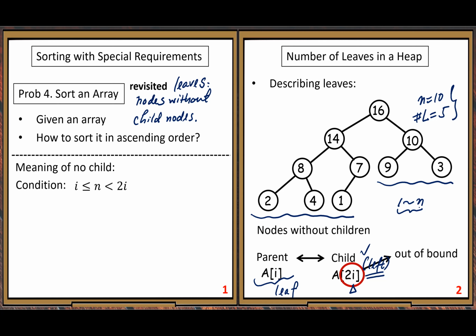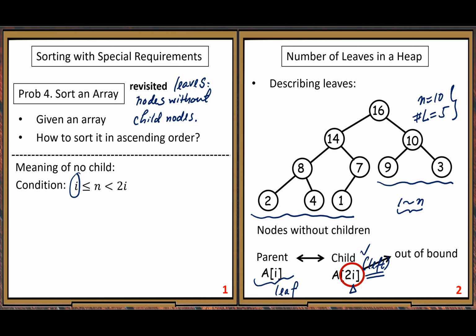Condition: when n is greater than or equal to I and less than 2i. Now you know, because 2i is greater than n, it is out of bound, right? When 2i is out of bound, that means the node with index I cannot have any child. How about that statement?